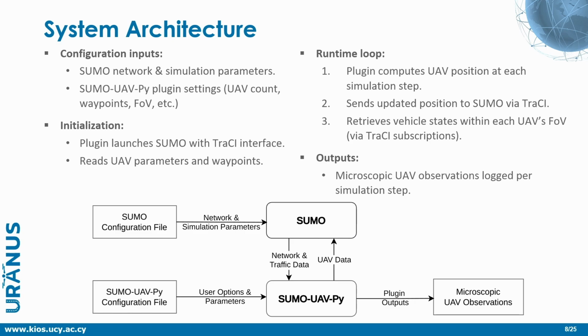Here, the plugin will compute the UAV position at each step. It will update the position into SUMO with TraCI, and then we'll retrieve the vehicle states that are located in the field of view. And the main output will be microscopic UAV observations as we'd expect from a real-life experiment.